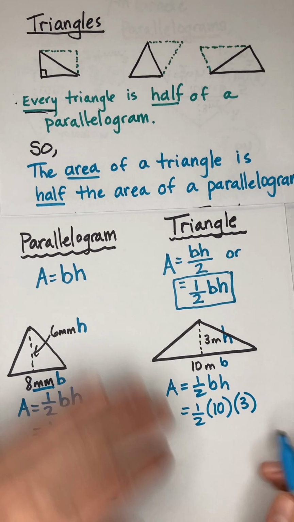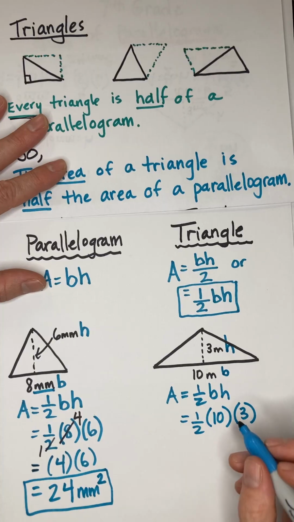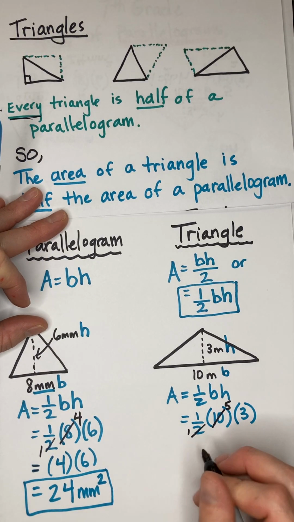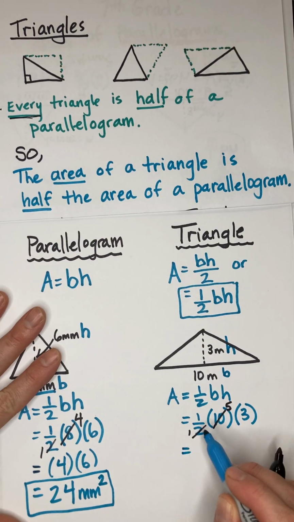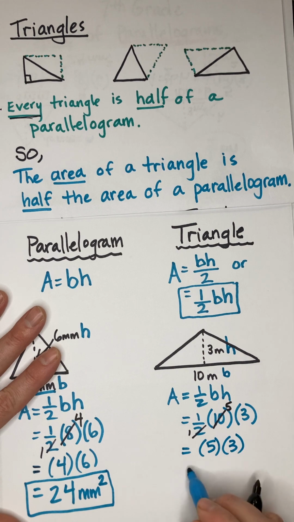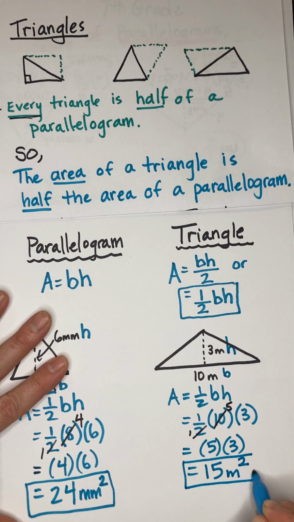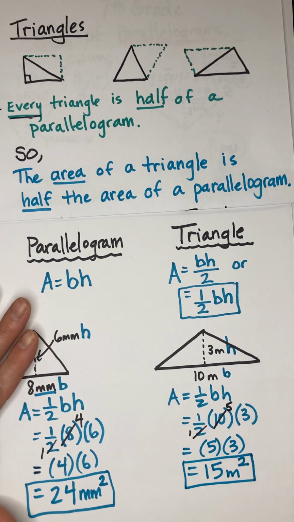Yes, 10 is even. So I'm going to go ahead and divide that 10 by 2. And what's left is 1 times 5 times 3. So 5 times 3, which is 15. My units are meters, and it's area, so it's meters squared. So the area of this triangle is 15 meters squared.